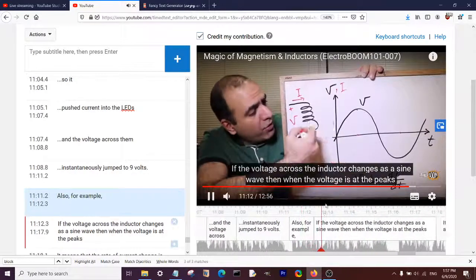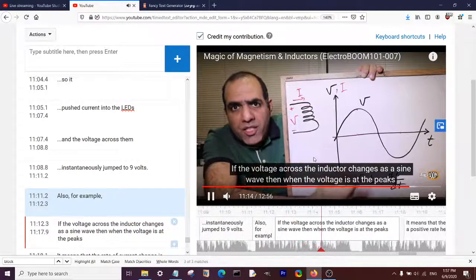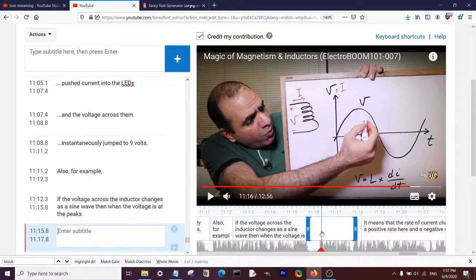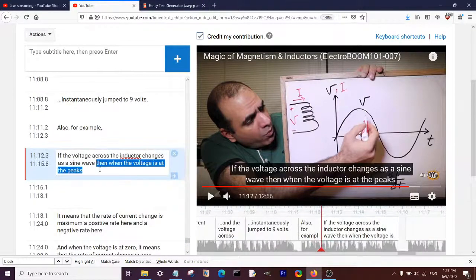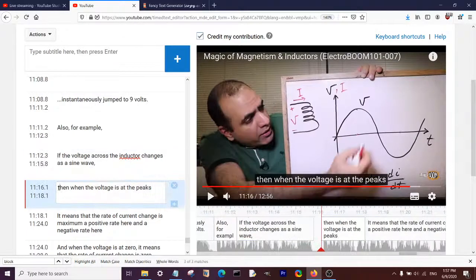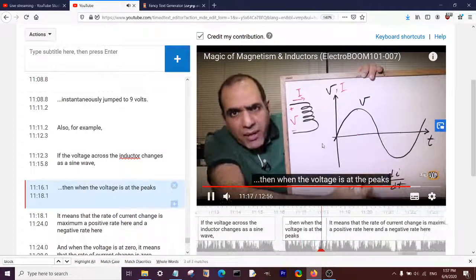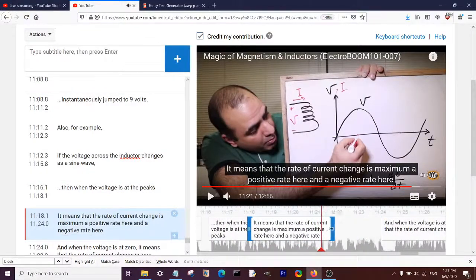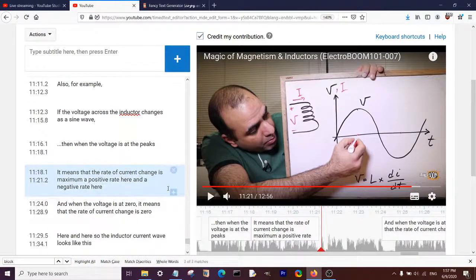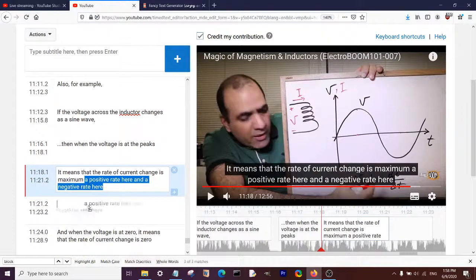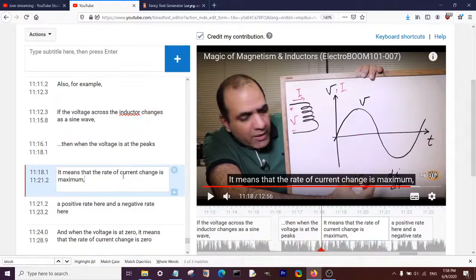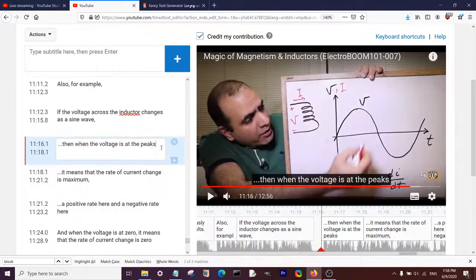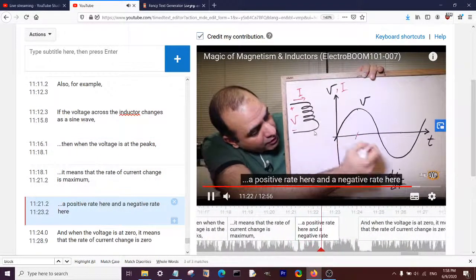Also, for example, if the voltage across the inductor changes as a sine wave, then when the voltage is at the peaks, it means that the rate of current change is maximum. A positive rate here and a negative rate there.